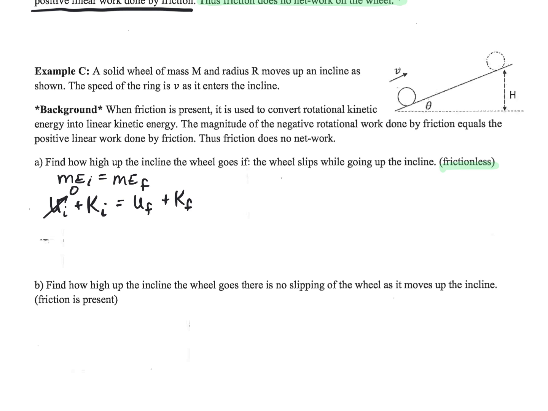At the final, does anything zero out? Kinetic energy, because it wants to know how high up it goes, so it's going to be at a stop. 0. So basically what we have is the traditional 1/2 mv squared equals what? mgh. M goes away. So h is equal to v squared over 2g, right?